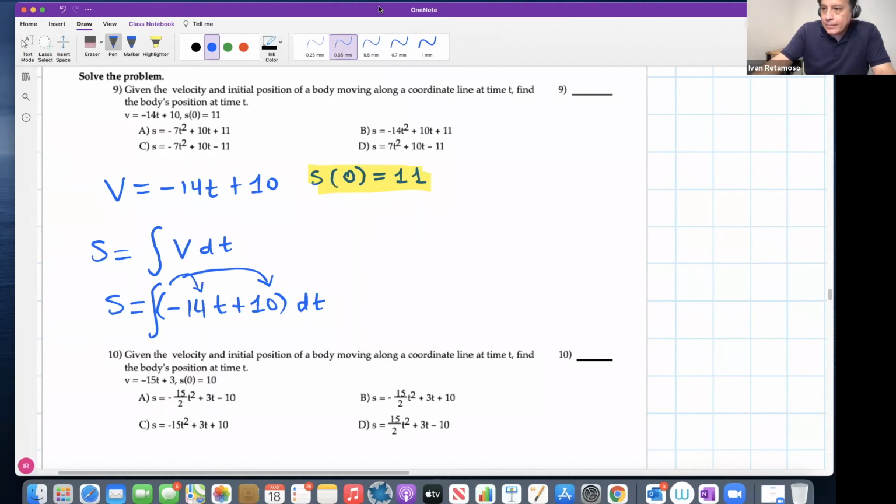Let's check. CG has posted the answer. Yeah, integrate, then using the extra information there, find the value of the constant, and then you should be able to write out your answer.